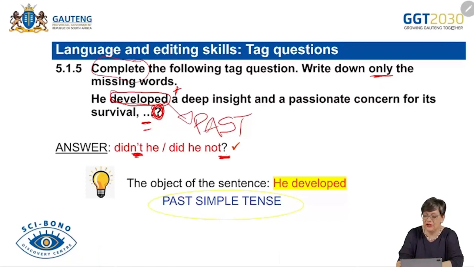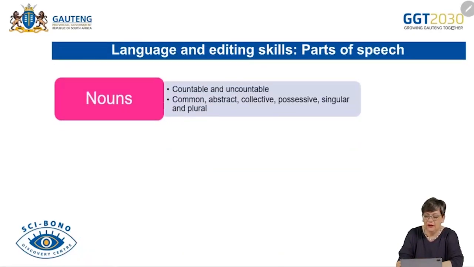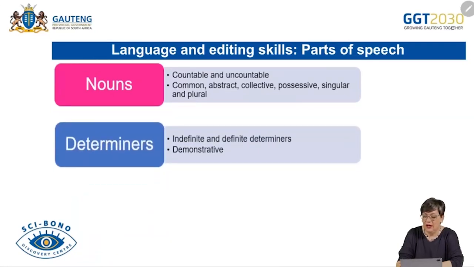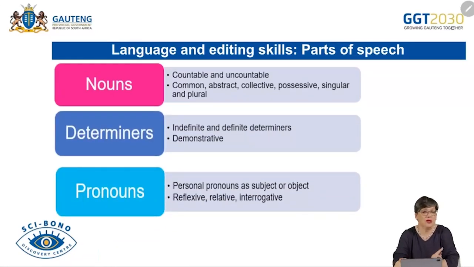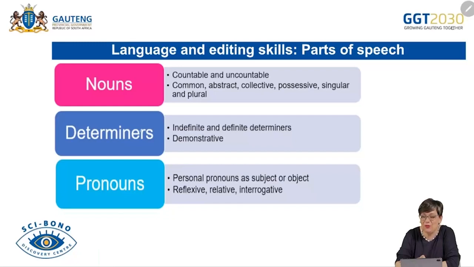Okay, let's try another one. Oh, yes, just a quick reminder: when you do parts of speech, you have to know them. You have to know exactly the different parts of speech. Common nouns, abstract nouns, all of those. You have to know the determiners, what they are.